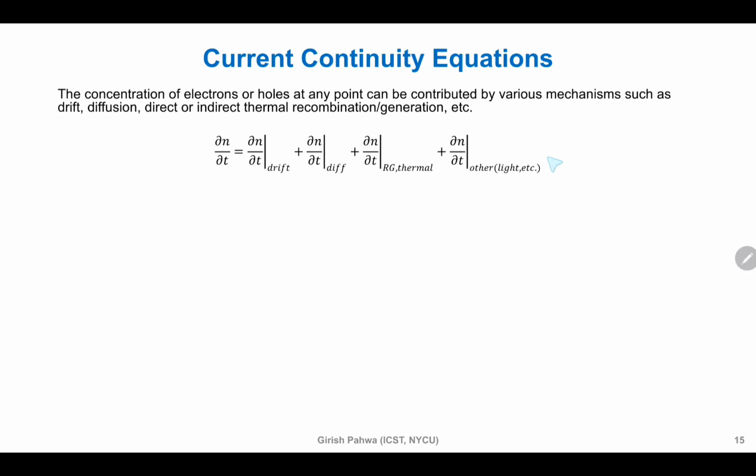This is the charge conservation basically. If electron concentration is changing at a point, it has to come from somewhere. It cannot just appear out of the blue. Similarly, for holes, we have this.